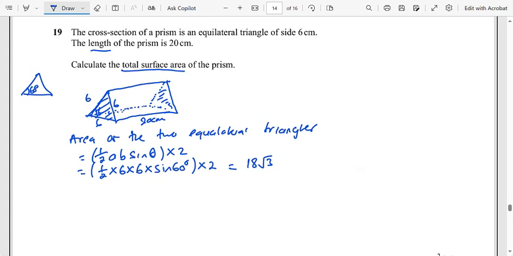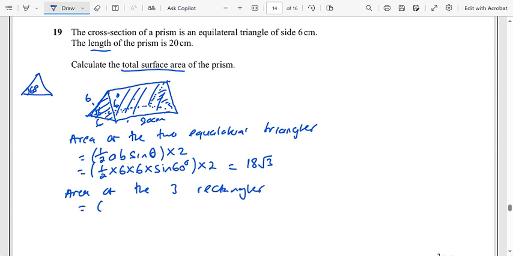Then we need to find the area of this face here and the one on the exact opposite. All the faces that we are left with are 6 by 20, 6 by 20 on the bottom, and 6 by 20 on the other face there. They are all rectangles with the same dimensions.